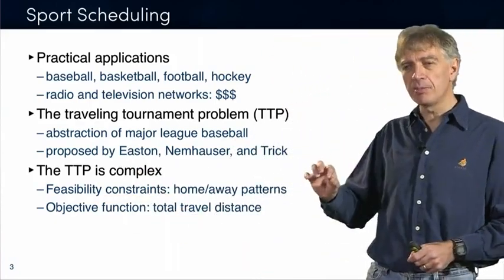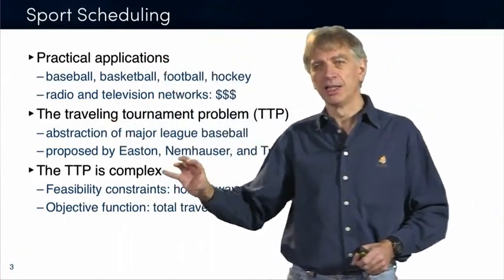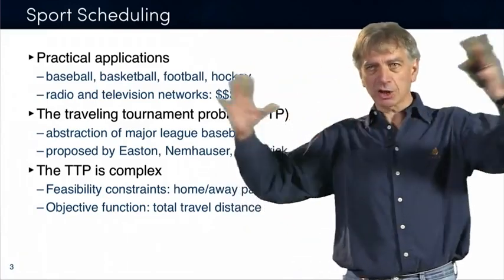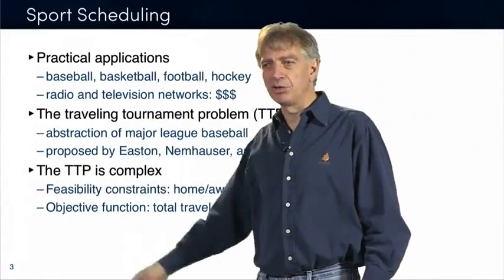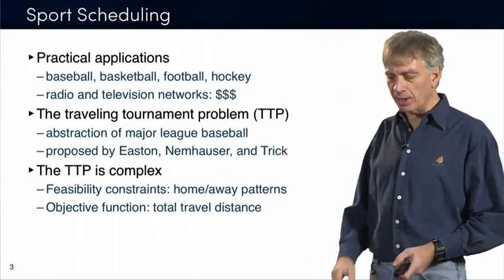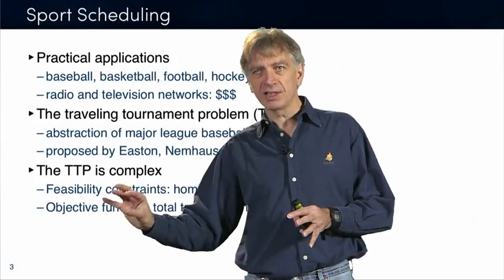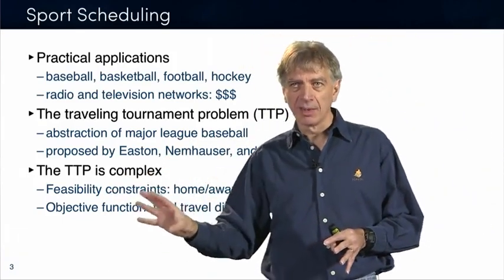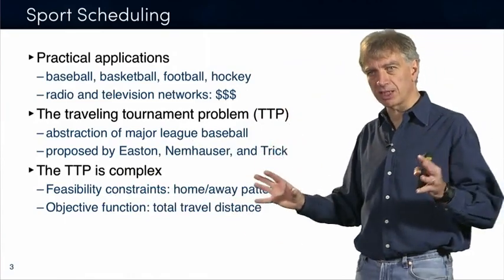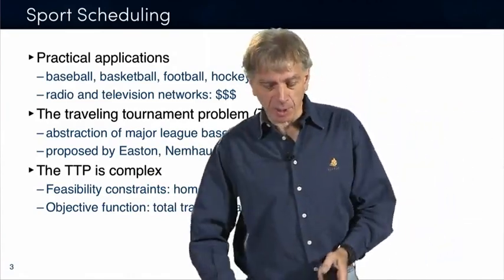You want to minimize the total distance traveled by these teams. Baseball is a national sport in the United States, and these teams are flying from Boston to Oakland, back to New York, and so on. So you have to find feasible solutions, which are tough, and at the same time optimize a complex global objective function.